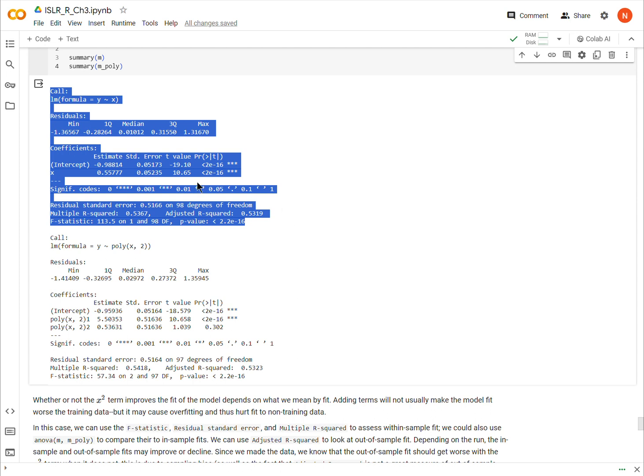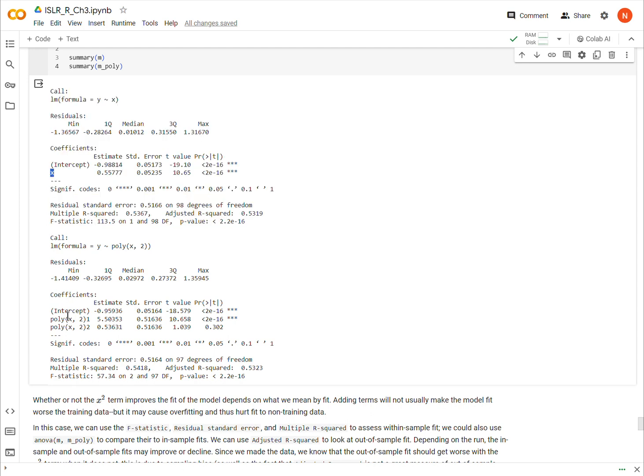So whenever we're adding terms, like an x squared term here, in general, we're going to improve the fit to the in-sample data, okay? But that may not be the case for out-of-sample data. Again, this is the variance and bias thing that was talked about in earlier chapters, okay?